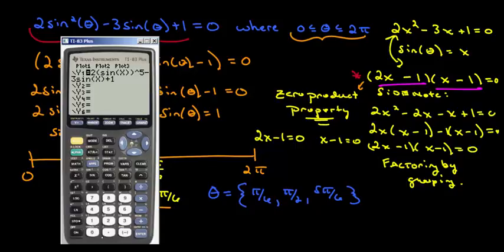Now I can put a 0 if I want to, but I don't have to because y equals 0 is the line that represents the x-axis, so I'll graph. That's what I've got. The only spots where I have a height value of 0 are here, here, and here.